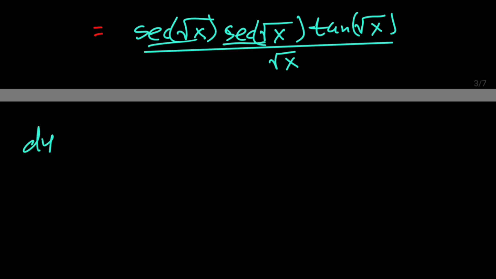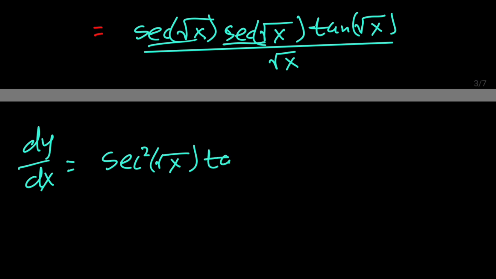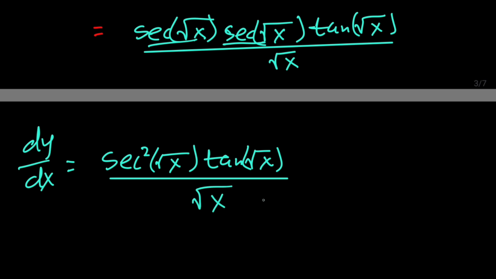So we're going to get dy dx is equal to secant square root of x tangent square root of x, all divided by square root of x. And that is pretty much it for this.